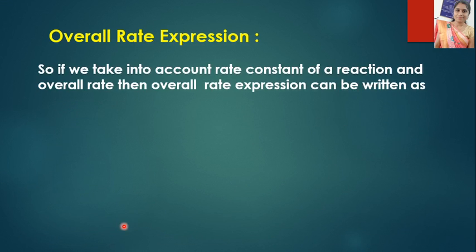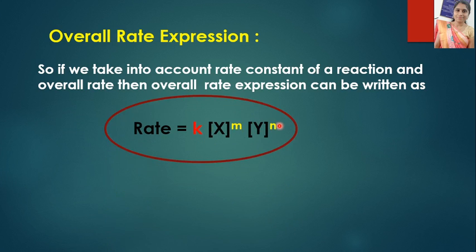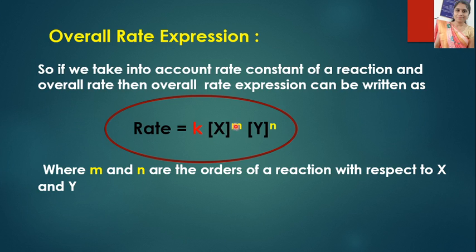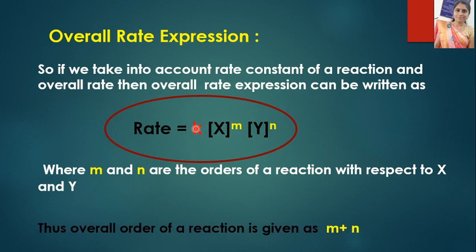So the overall rate expression is given by, if we take into account the rate constant of a reaction and the overall rate, then the overall rate expression can be written as rate is equal to K into concentration of X raised to m into concentration of Y raised to n. Here m and n are the orders of the reaction with respect to X and Y. And what is K?